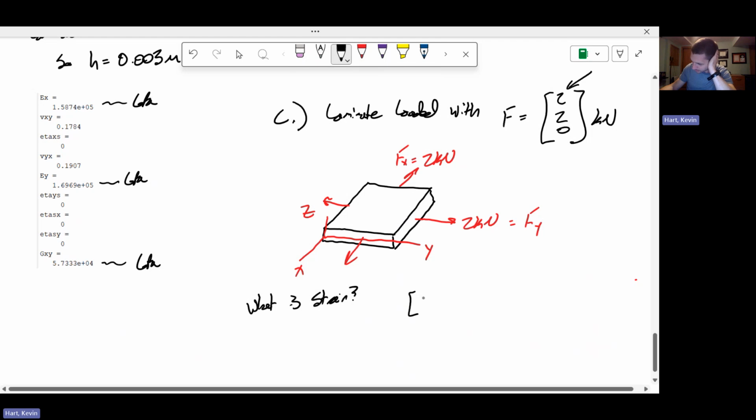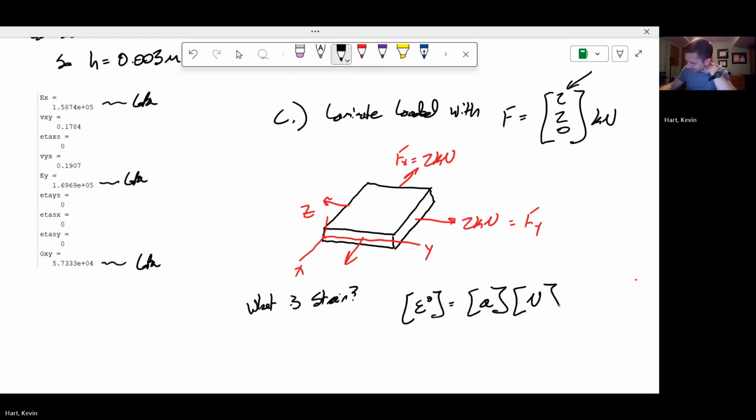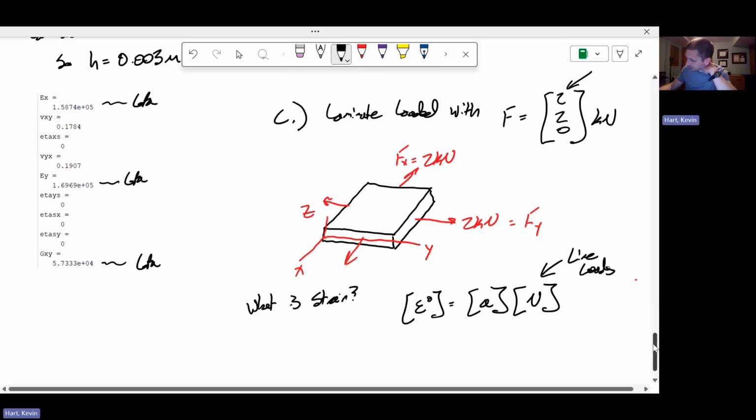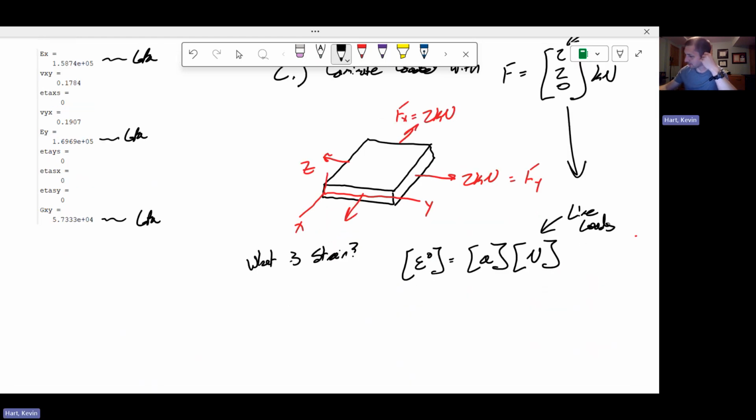Well, we can calculate that. Midplane strain is equal to the little a matrix times N, and these are line loads. So you need to convert forces, which are just kilonewtons, to line loads.